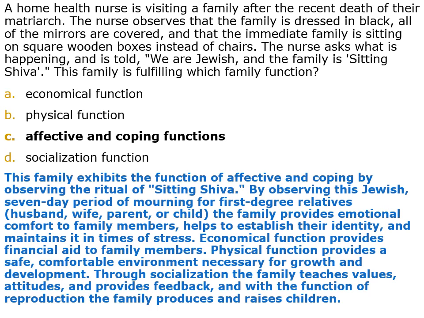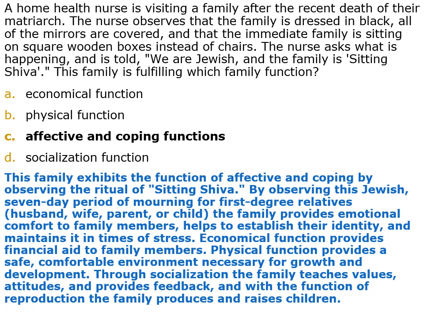If you said affective and coping functions, you would have been correct. This family is showing the function of affective and coping by observing the ritual of sitting Shiva, the Jewish 7-day period of mourning for first degree relatives: husband, wife, parent, or child. The family provides emotional comfort to other family members to help establish their identity and maintain it in times of stress.